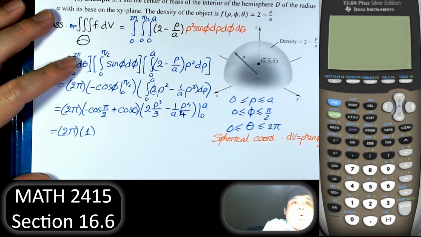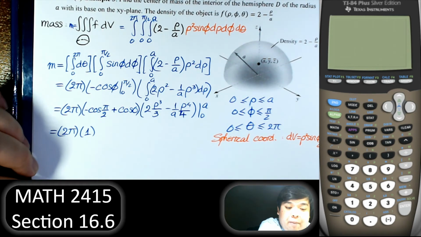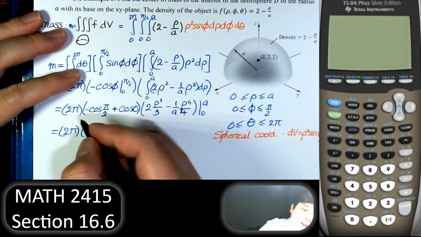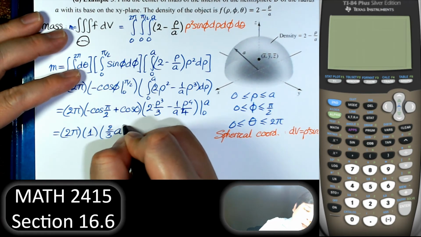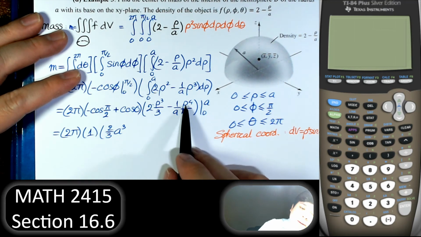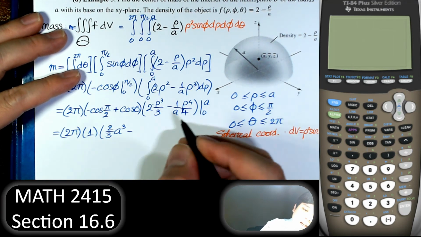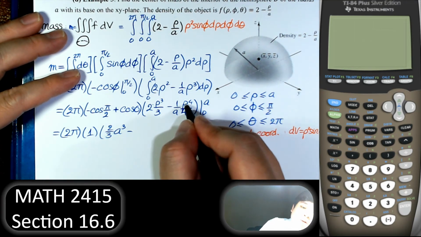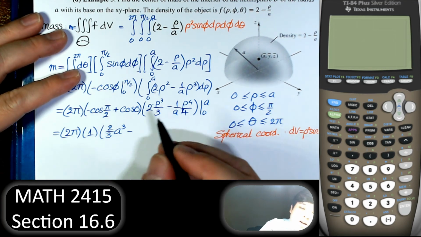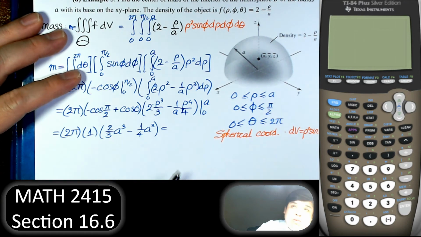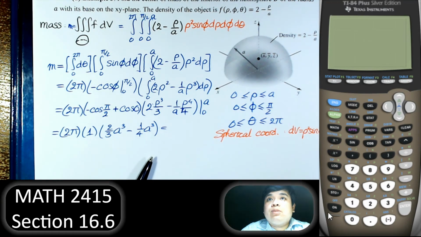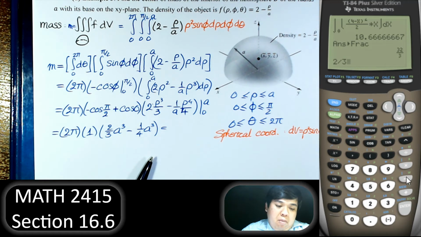Cosine pi over 2, cosine of 90 degrees, is 0. Put a in here, we have 2 over 3 a cubed. And put a here, that a to the fourth cancels with 1 over a at the bottom. So 1 over 4 a cubed. So 2/3 minus 1/4.